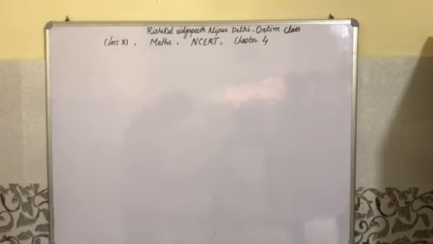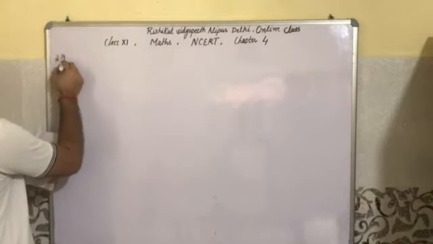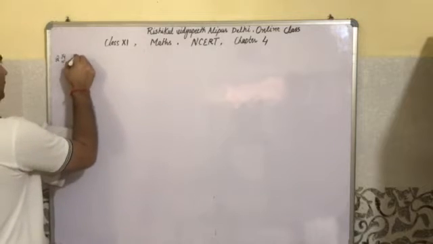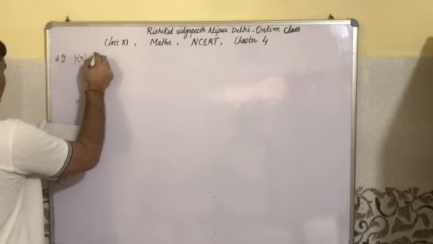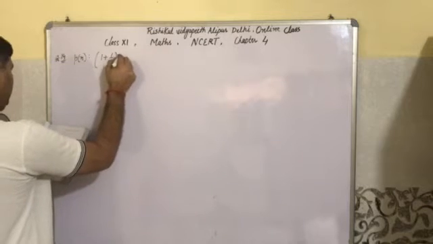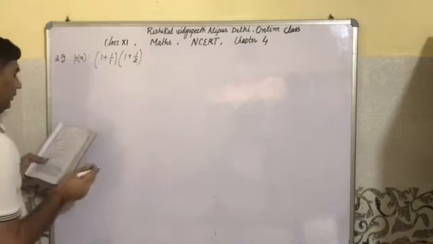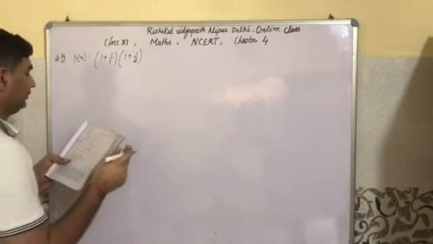Then next, question 14. Question number 14. P of n: 1 plus 1 by 1 into 1 plus 1 by 2; this 13 and 14 are both the same question.